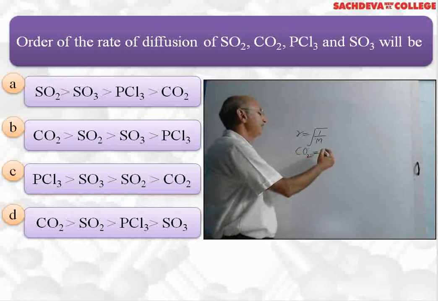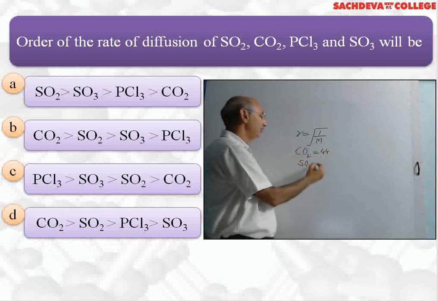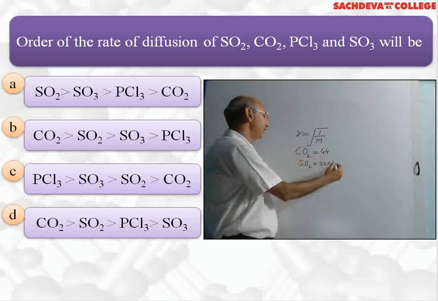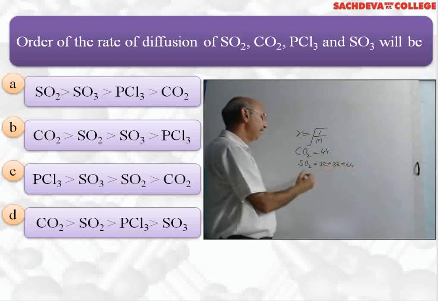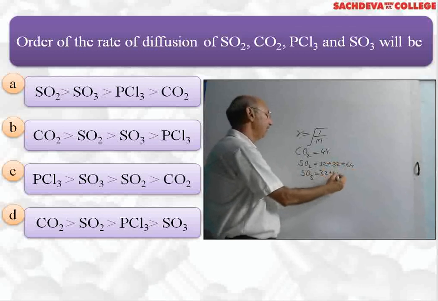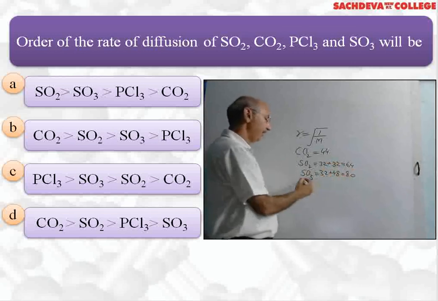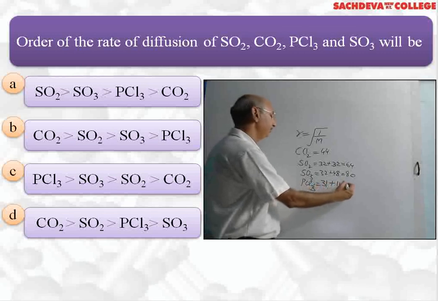Carbon dioxide molecular weight is 44. Sulfur dioxide molecular weight is 32 plus 32, so weight will become 64. SO3, 32 plus 48 will be 80, and PCl3, phosphorus is 31, chlorine is 35.5 into 3, it will be 106.5.